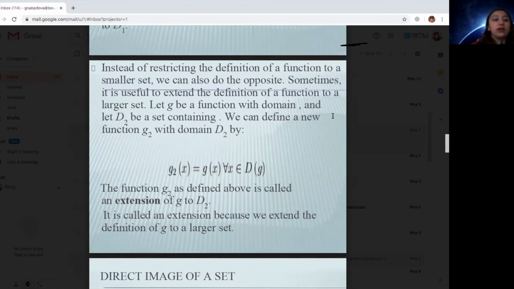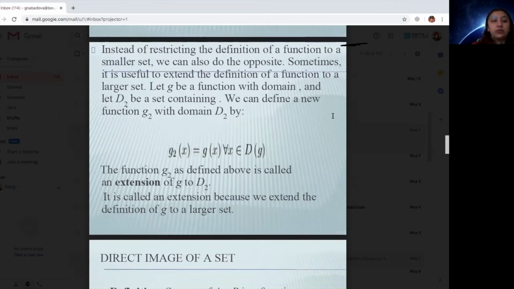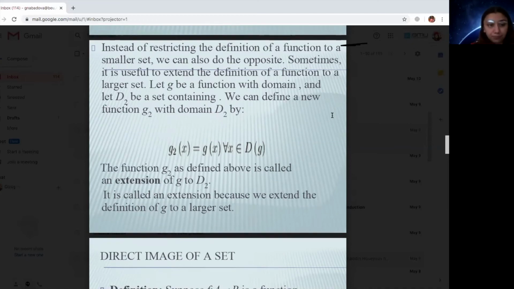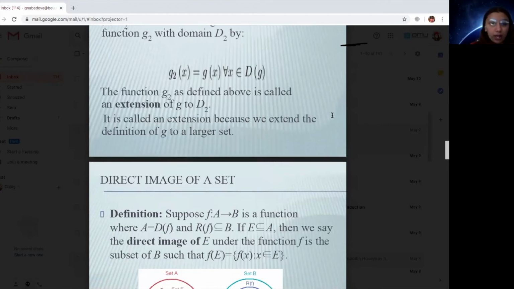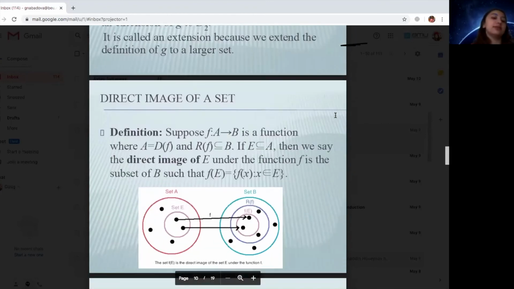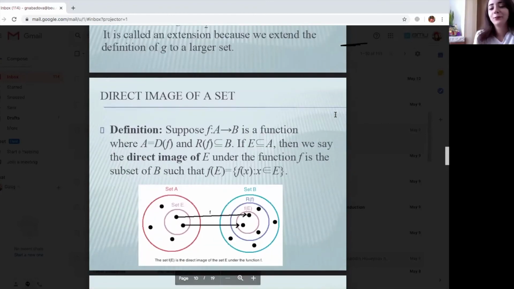We can define a new function G2 with domain D2. Here is the given formula. That means G2 as defined above is called an extension of G. And now Jamal, start. Great, thank you.